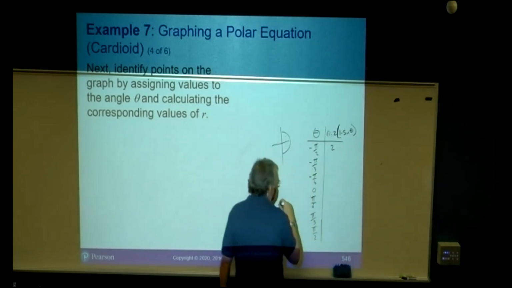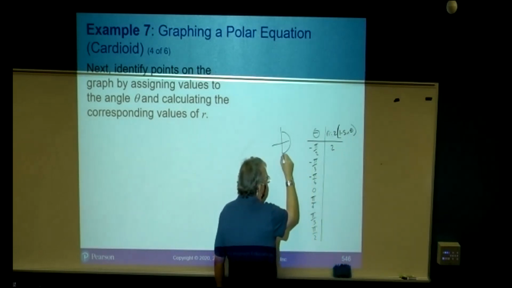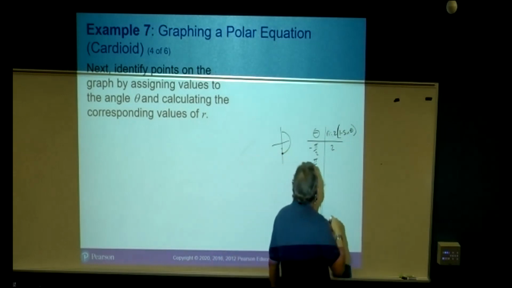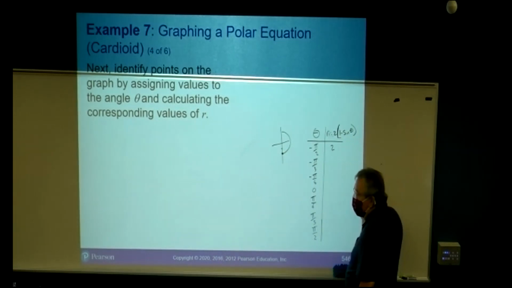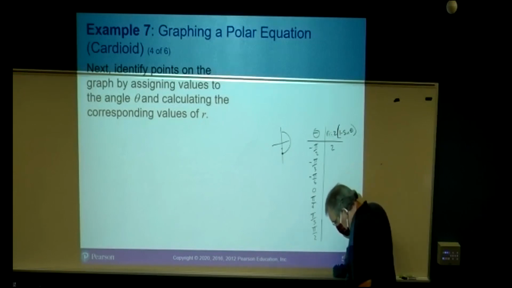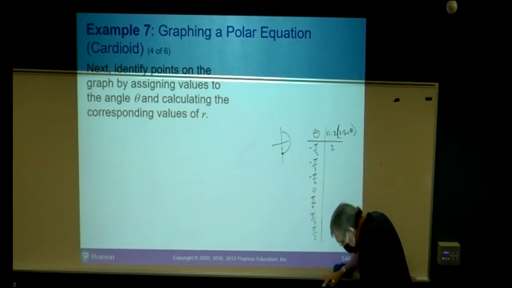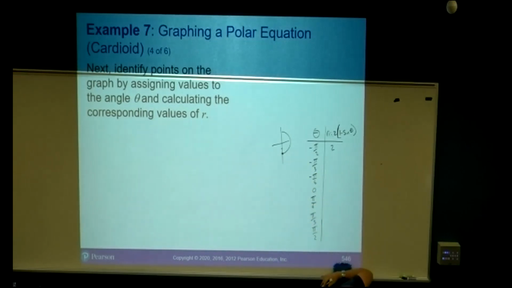I usually graph them as I go along. And so the sine of negative pi over 3, what is the sine of pi over 3? Is 1/2, and so it's going to be negative 1/2, because that's in this quadrant, and sine is negative here.